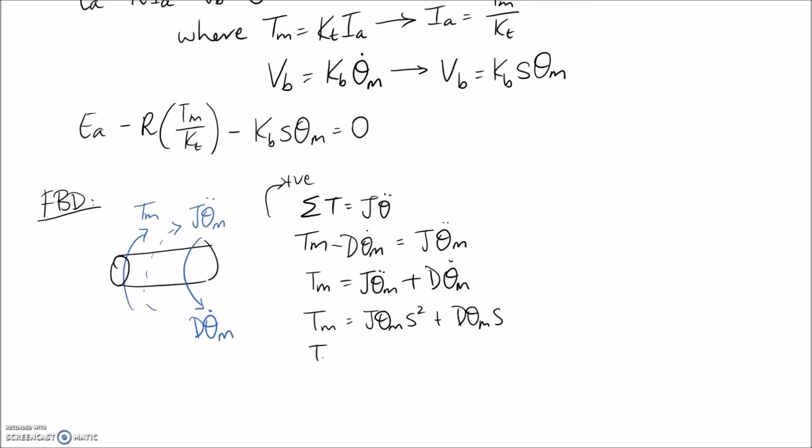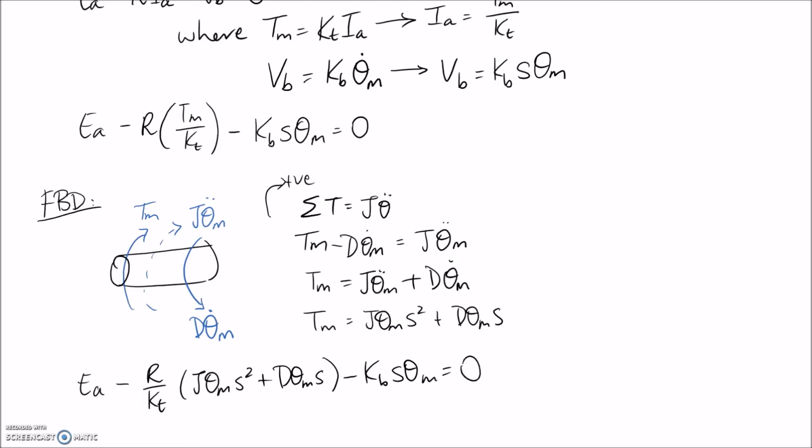Maybe I'll just leave it like that, and we'll sub it in to our equation. So this here was where we got to. We're now going to sub Tm in. So we're going to get R on KT. This is going to be subbed out. And we've still got this other term on the end.